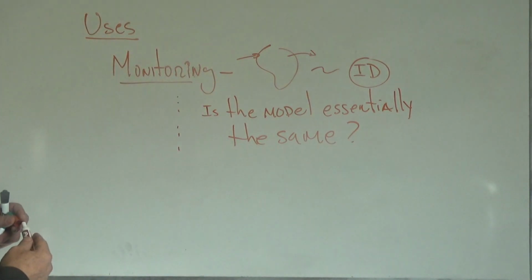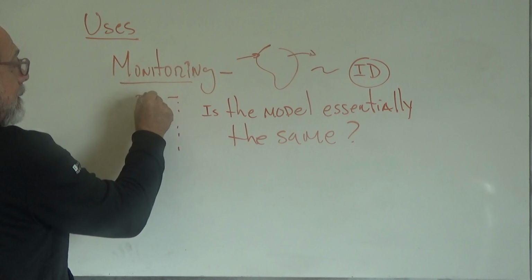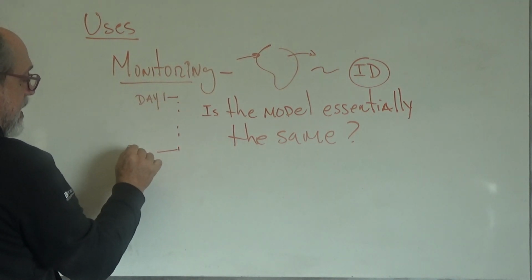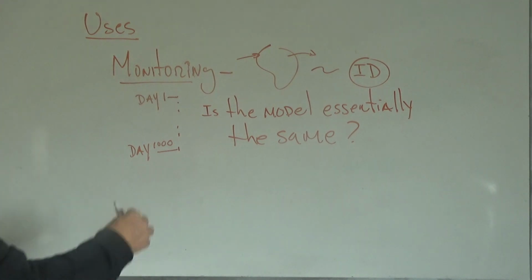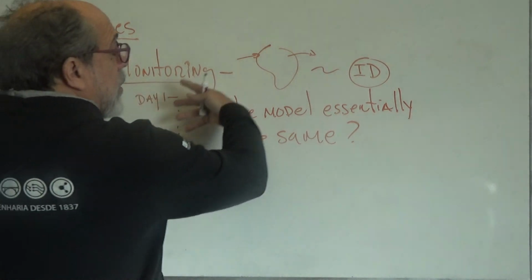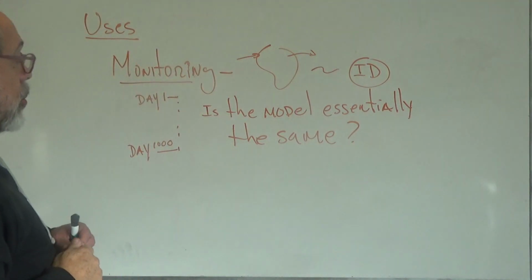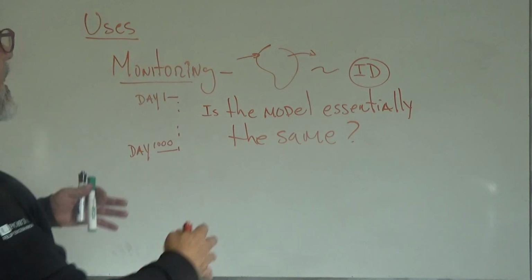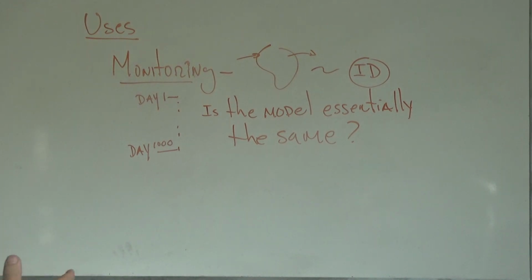If our answer is yes, whether we do it on day 1 or on day 10 or on day 1000, then we can say that from day 1 to day 1000, when we do identification, we seem to get essentially the same model, so we feel reasonably confident that nothing strange has happened and our structure is fine.